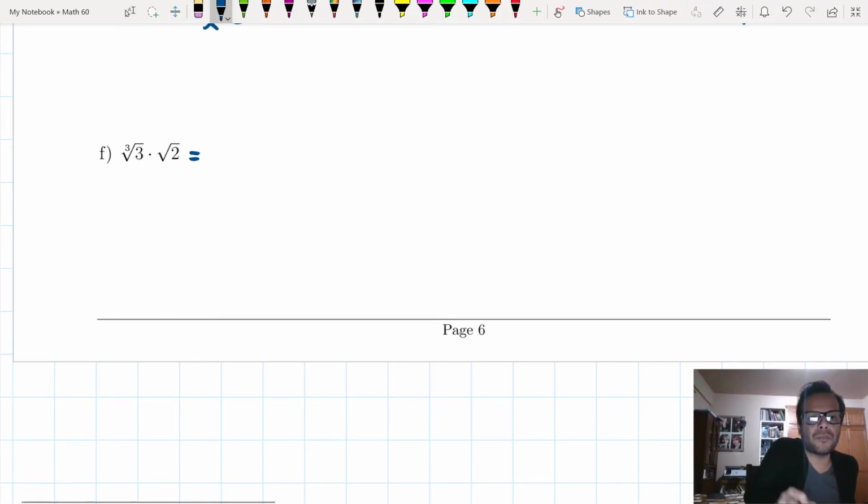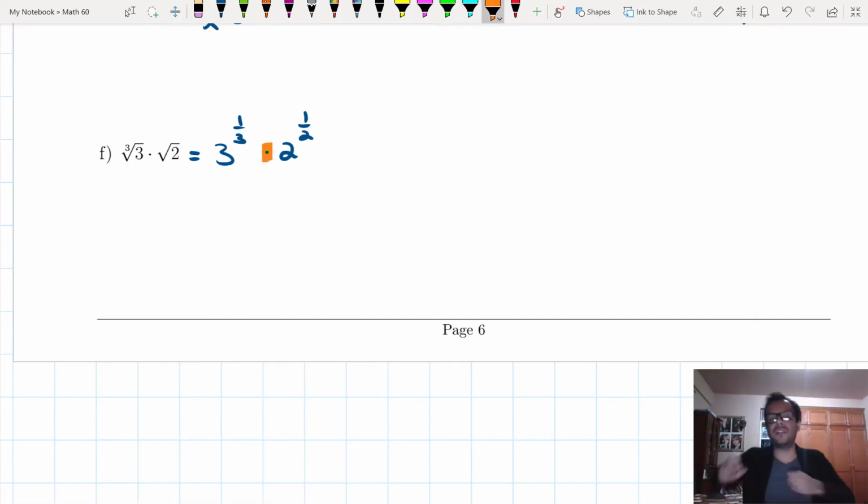Number one, let's start by writing the cube root of 3 as 3 to the 1/3, and then that times 2 to the 1/2, right? Notice first of all that we have multiplication implied, just like the example I did as a reference.